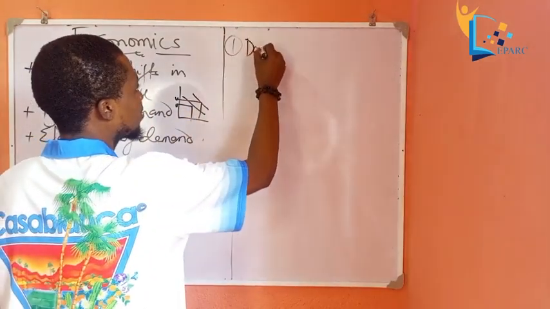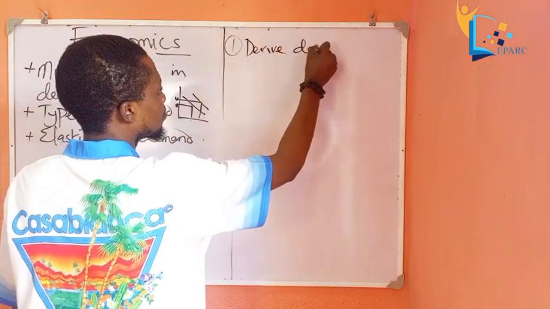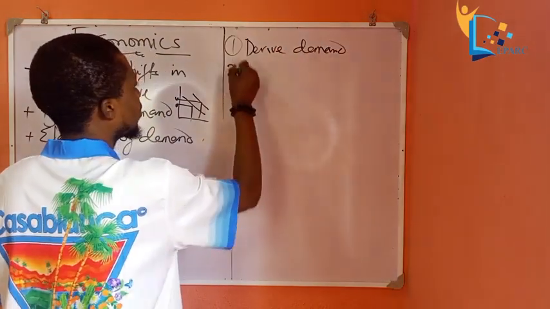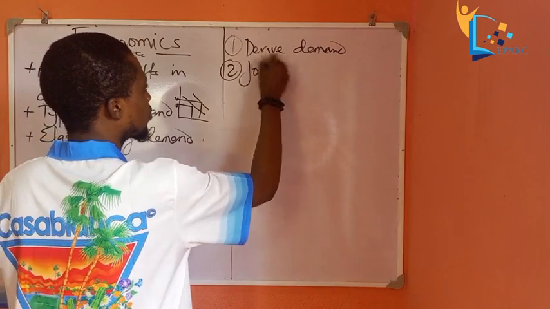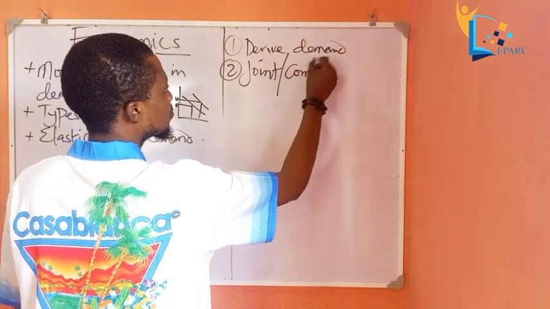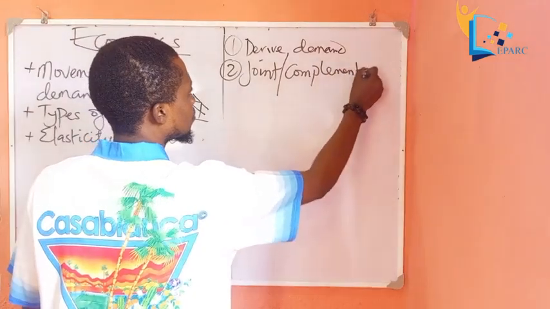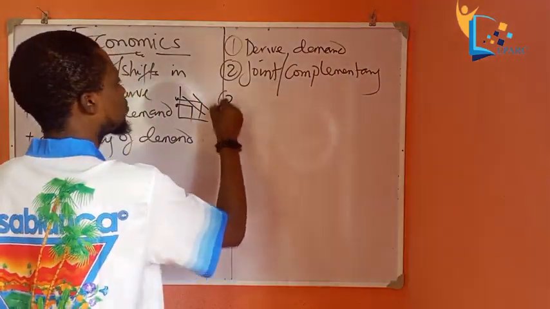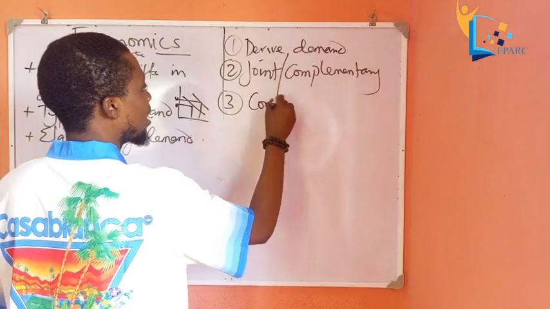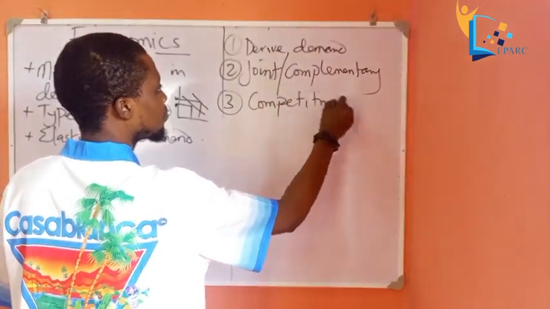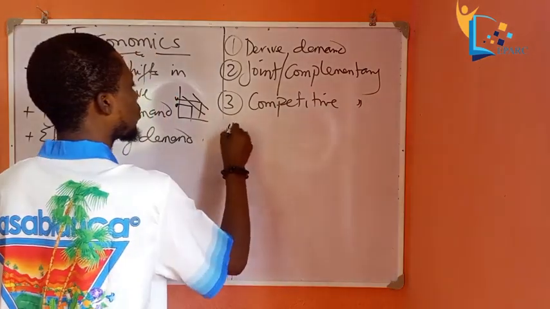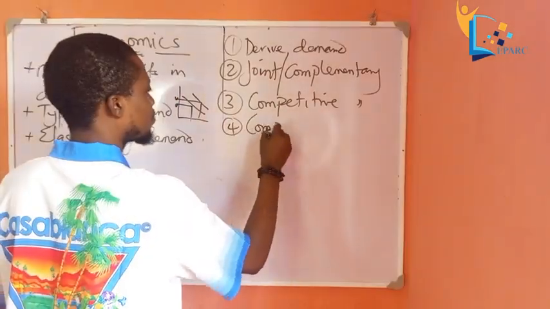We have the derived demand, okay? We have the joint, either you call it joint or complementary demand, okay? Then we'll have the competitive demand. Then we'll have the what? Composite demand.